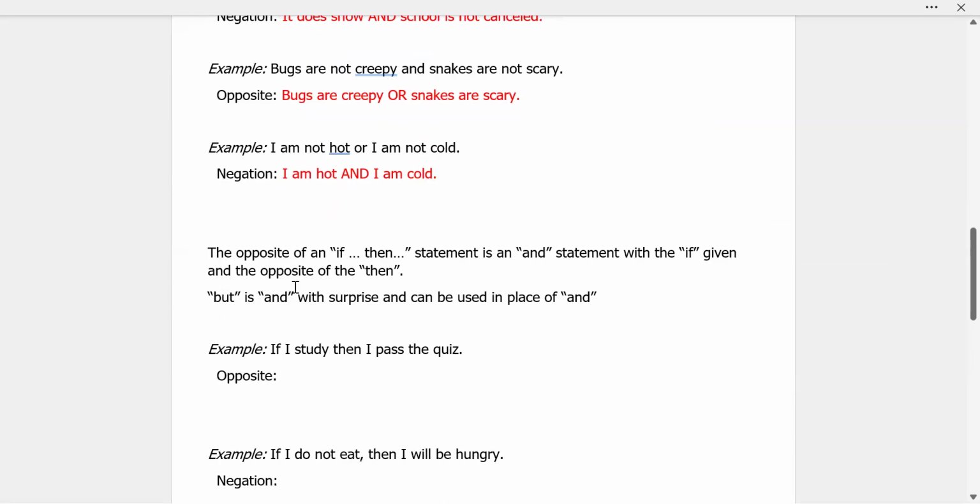All right, let's look at the next thing. Let's say we have an if-then statement. So an if-then statement is going to turn into the first part being true and the then part being false, and you're going to put the word and in there. You can put the word but in there. But is the same word as and, but with a little bit of surprise.